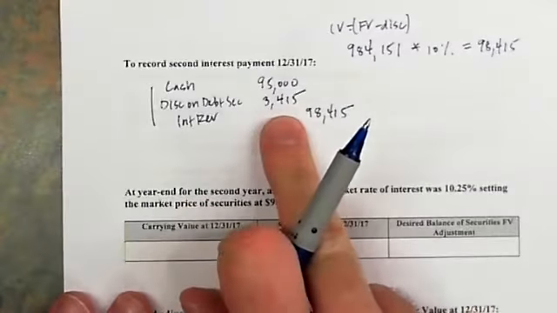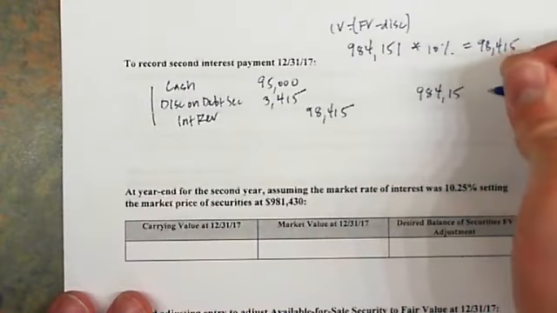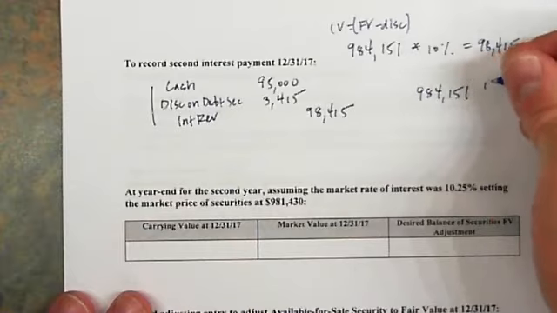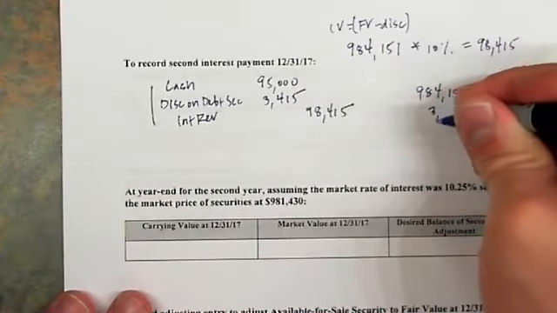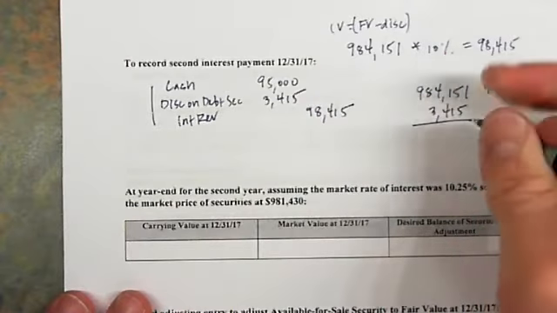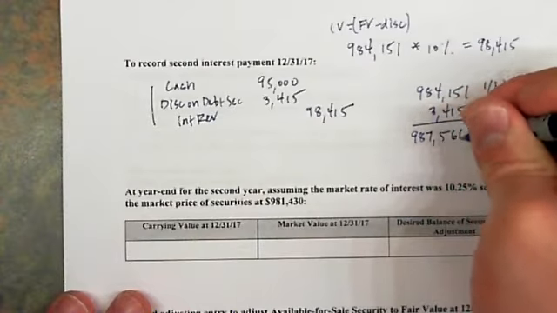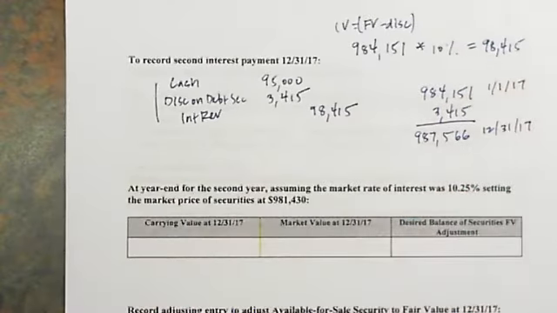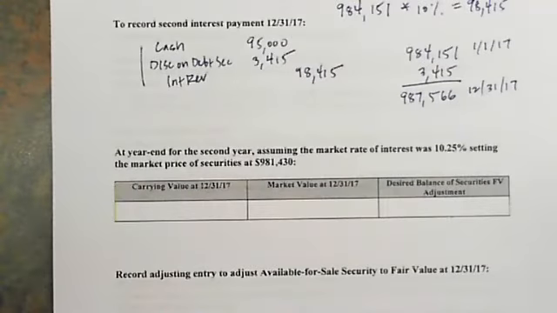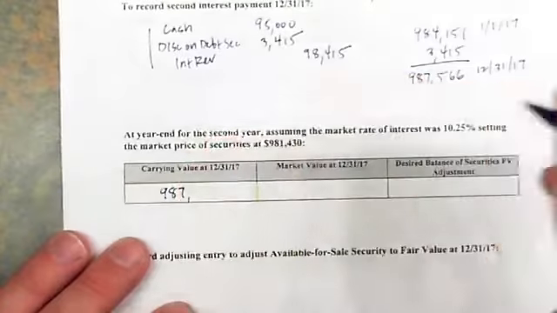By amortizing that amount, I bring my carrying value from $984,151, which it was at the beginning of the year. Since I reduced the discount, it would then be $987,566 at the end of the year. That's its book value, or that's its carrying value, right? Its carrying value at that date, $987,566.